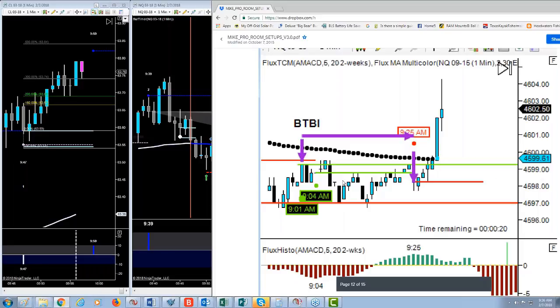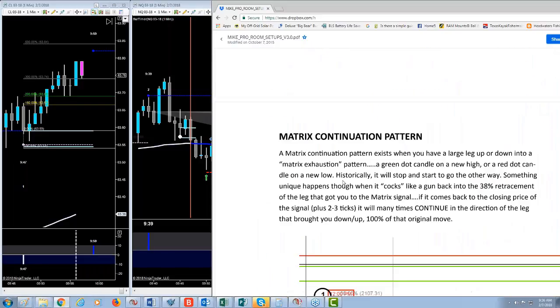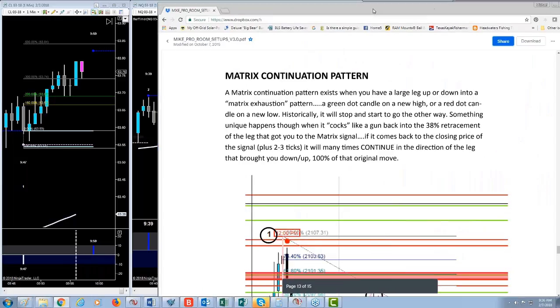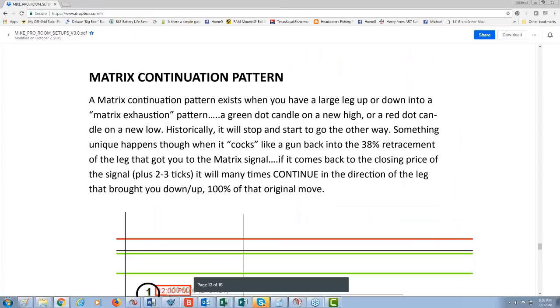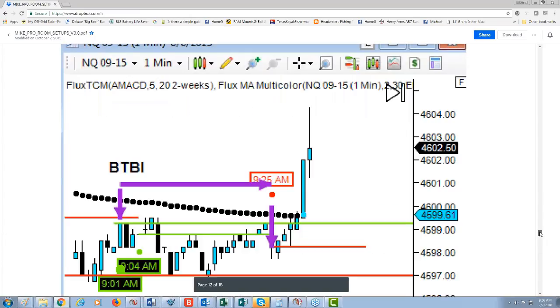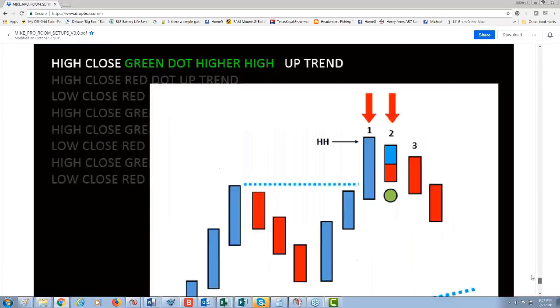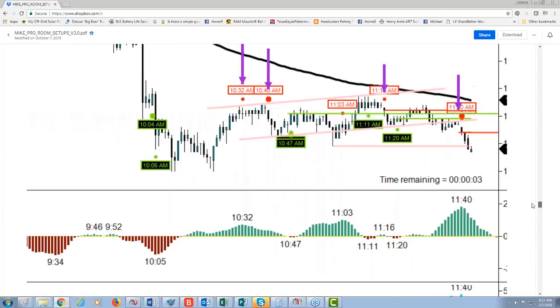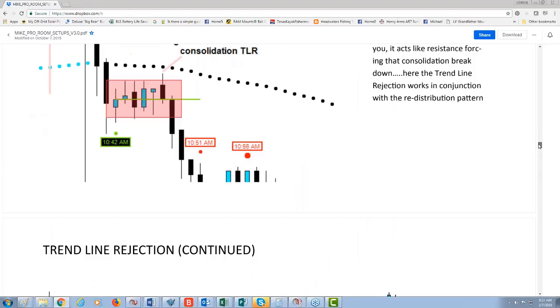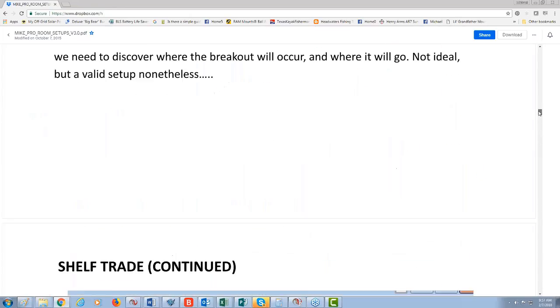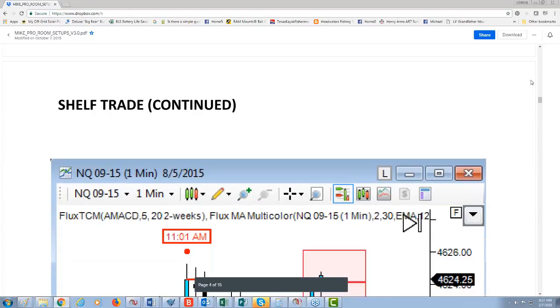There it is. Let me see if I can do it. Move the book. Where is it?